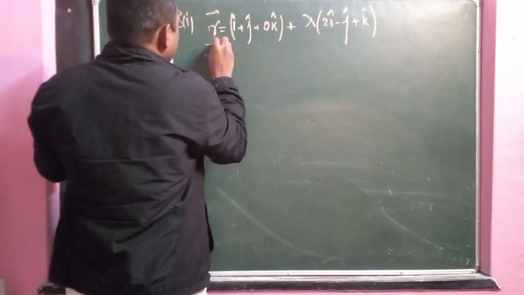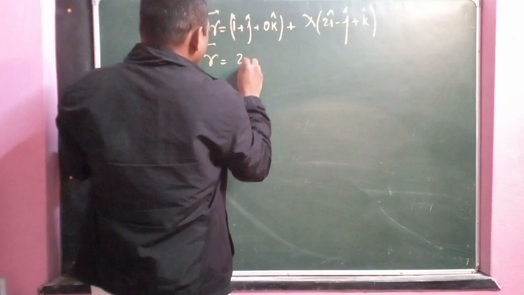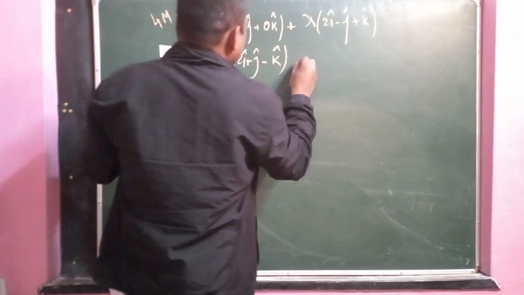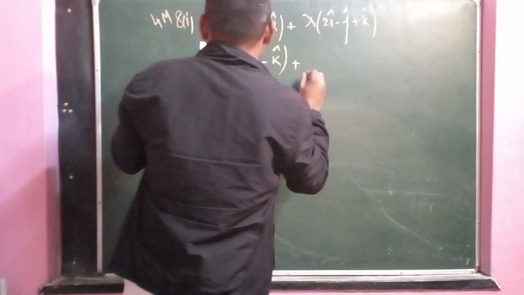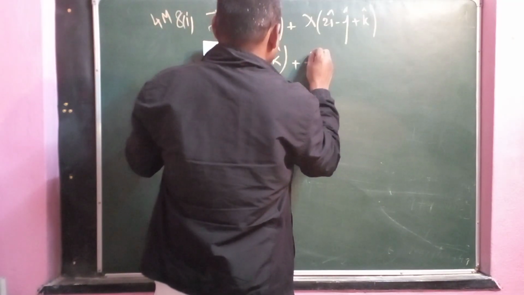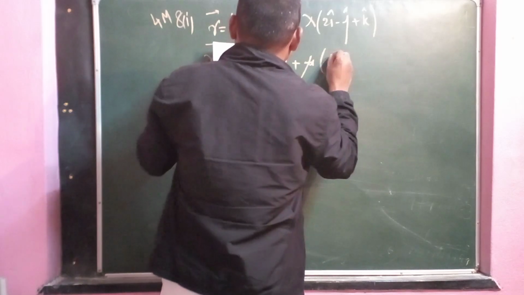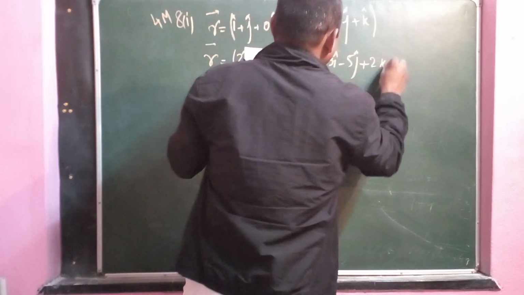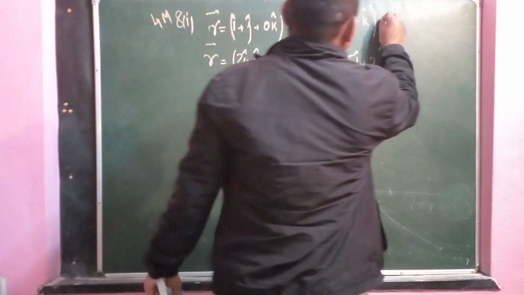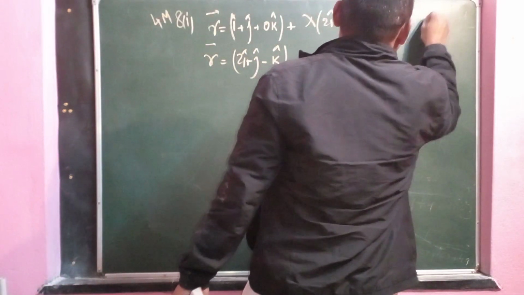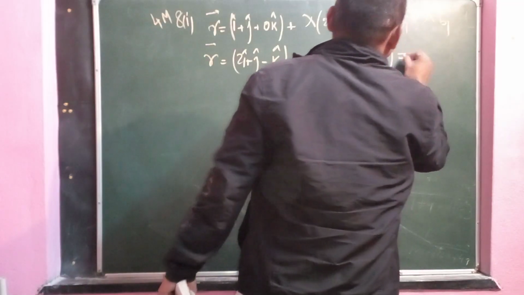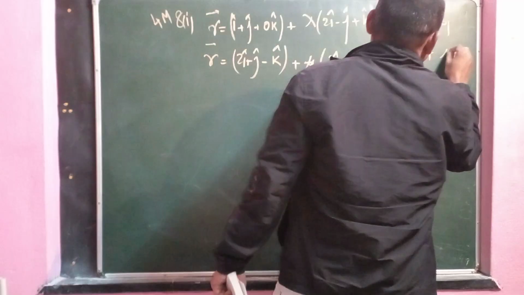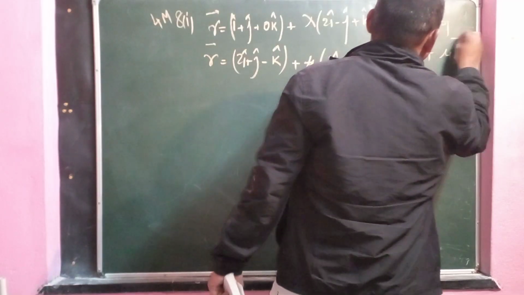Okay. Another R, another straight line. These are skew lines. Plus suppose mu times 3I minus 5J plus 2K. This is in the form A1 plus lambda B1, vector form, A2 plus mu B2.